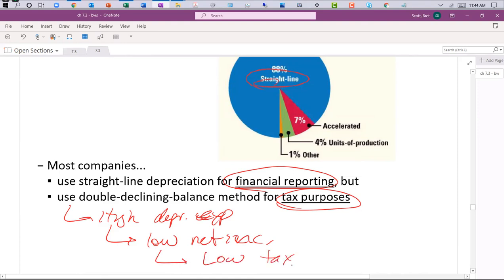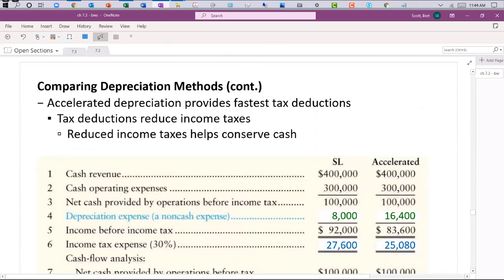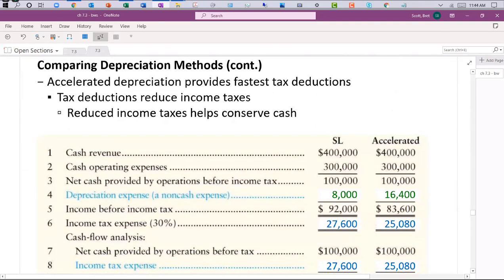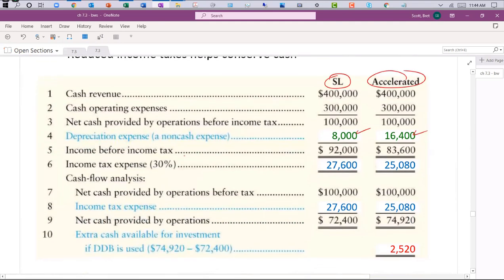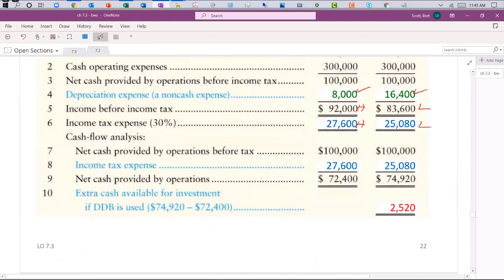So that might be worthwhile doing. In fact, just to compare the two here, imagine we went through with the straight line method. We said, here's our $8,000 worth of depreciation expense under the straight line method. There's 16,400 under accelerated. What's the overall effect? Well, we got income before income tax. You can see this is lower, this is higher. So taxes are lower, taxes are higher. If we don't like paying taxes, maybe we want to use the accelerated method here.